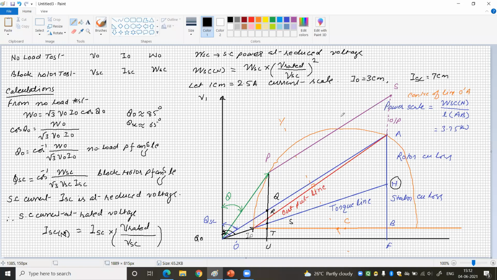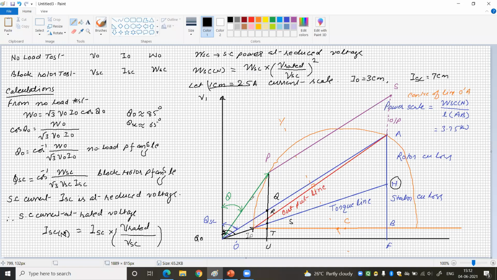Or the second method: if the full load current is given instead of the power output, convert the full load current into centimeters as per the current scale which we have already selected.